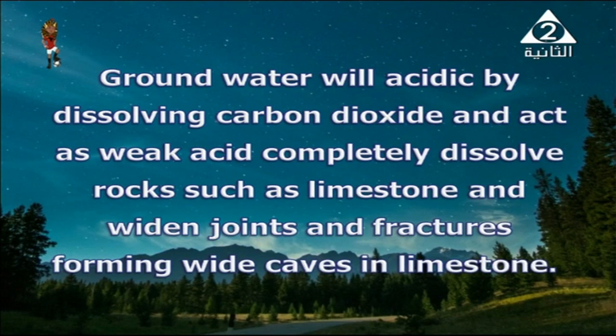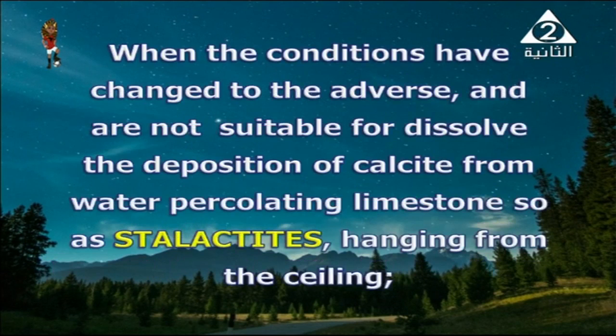Groundwater with acidic property will dissolve carbon dioxide and act as a weak acid, completely dissolving rocks such as limestone and widening joints and fractures, forming wide caves in limestones. So we will have caves in this limestone rock.